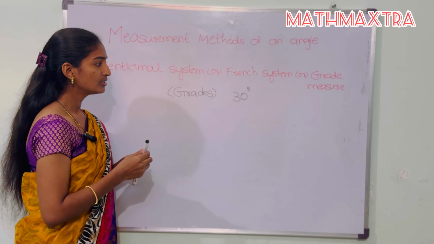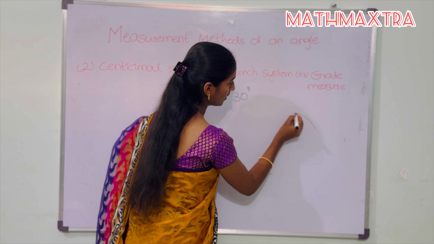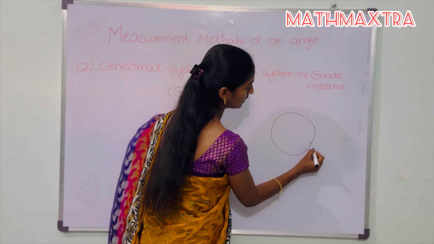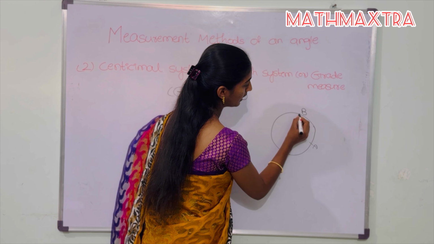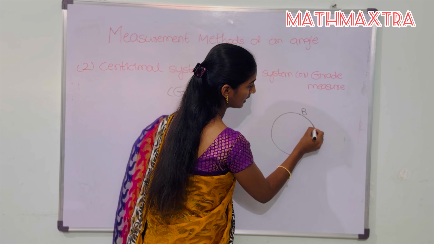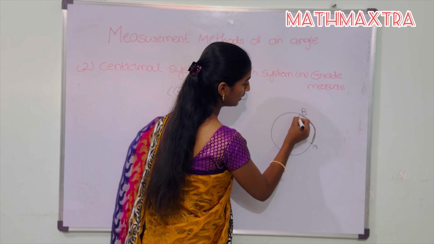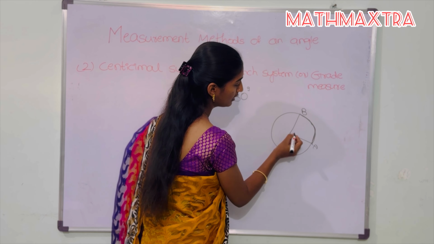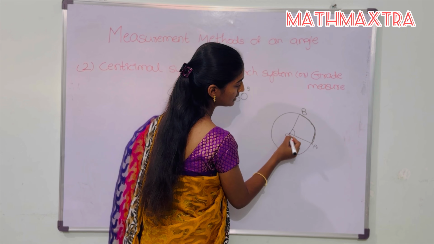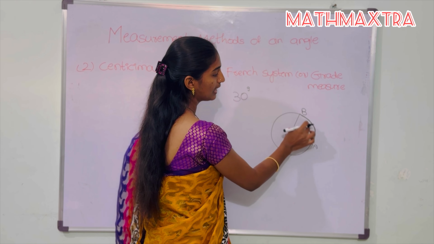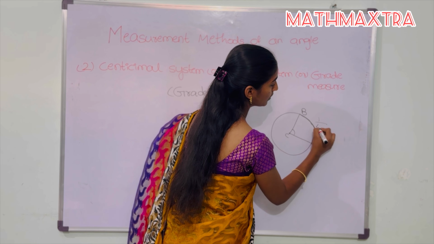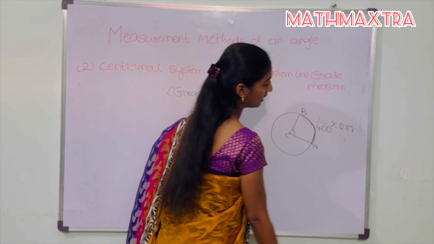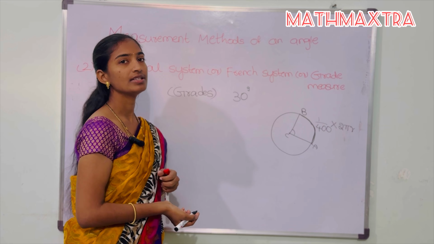In a similar way, he considered one arc, arc AB, subtending an angle at the center of the circle, where the length of the arc is equal to 1 by 400 into the circumference of the circle.